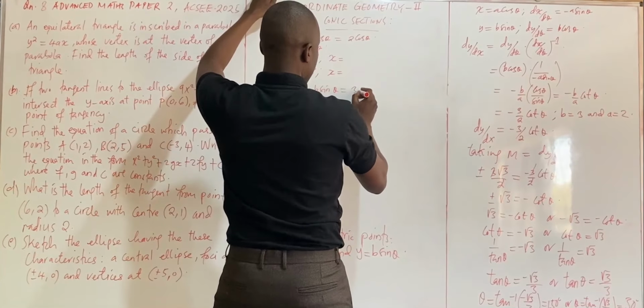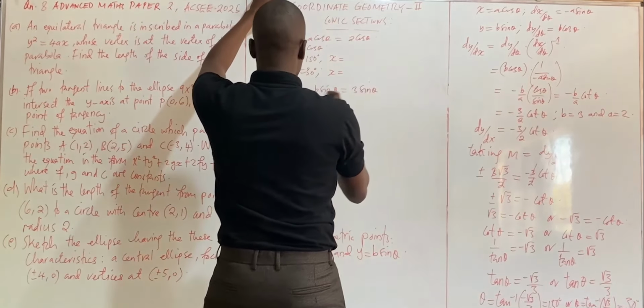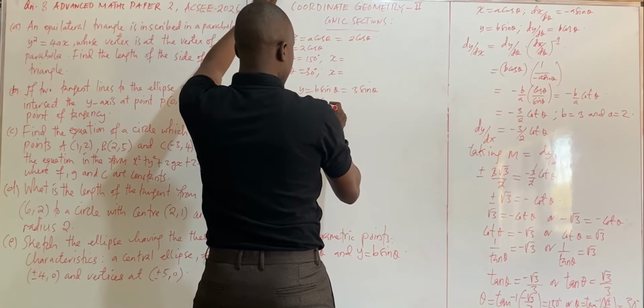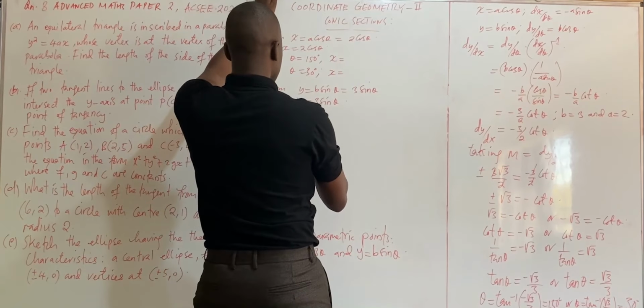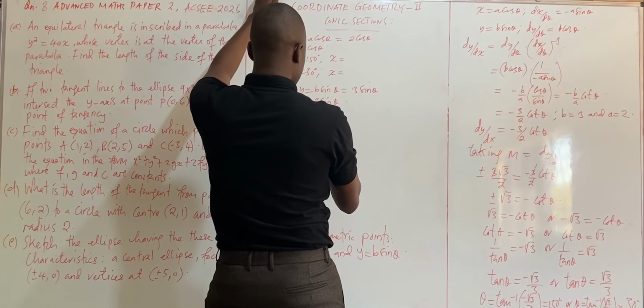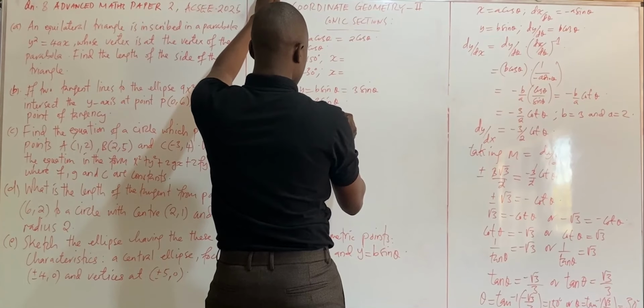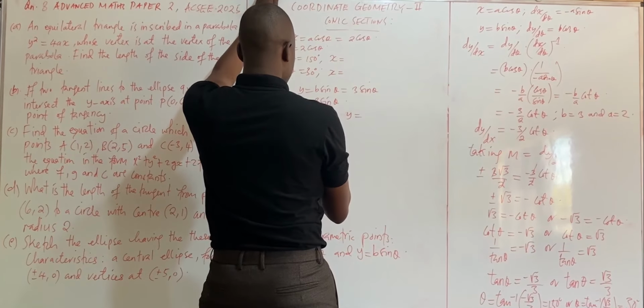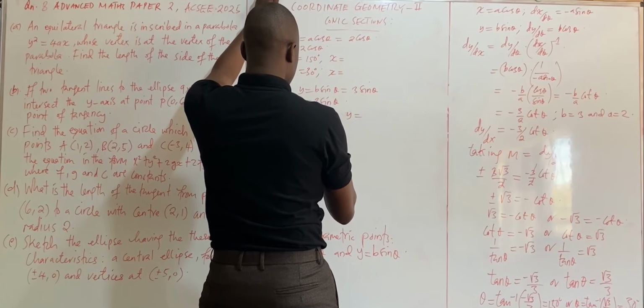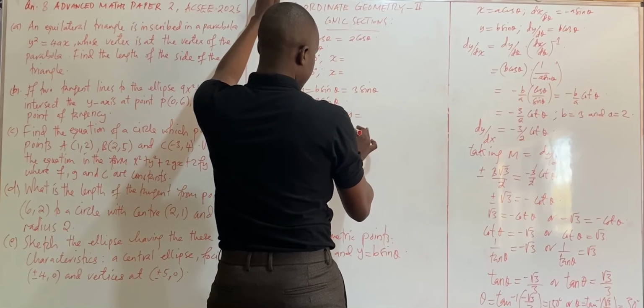So y equals 3 sine of theta. Now, for theta equals 150 degrees, what will be the value of y? And for theta equals 30 degrees, what exactly will be the value of y?